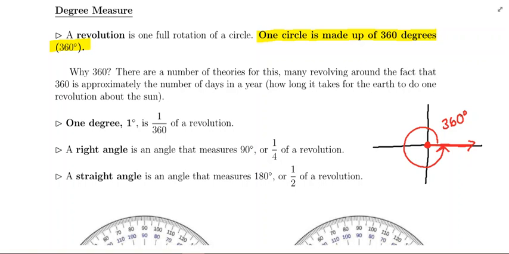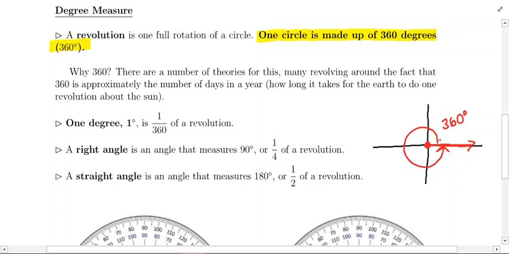So what is 1 degree? 1 degree is basically 1/360th of a revolution. If you took an entire circle, looking back at the picture that I drew, the entire circle is 360 degrees.